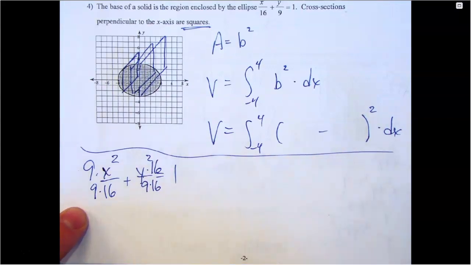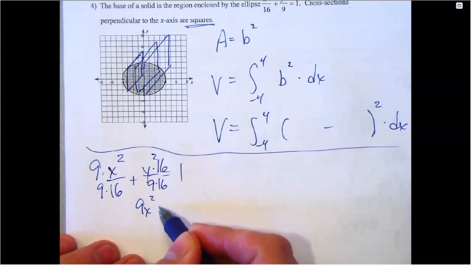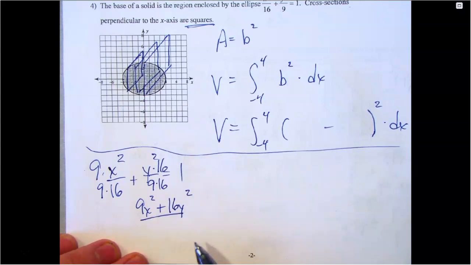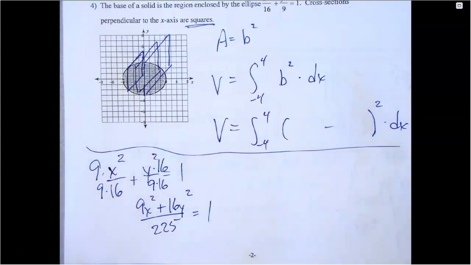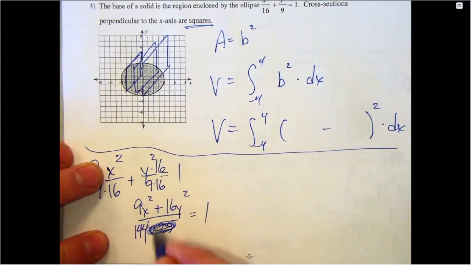Multiply by 16. So now I have 9x squared plus 16y squared over 225 equals 1. Is that 225? Big number. 144. Sorry.